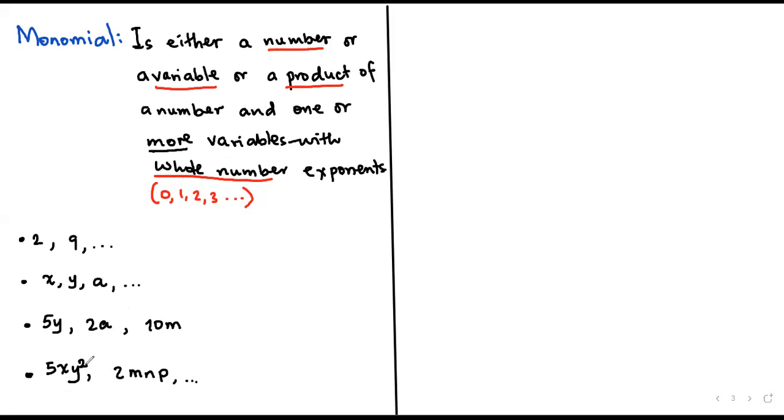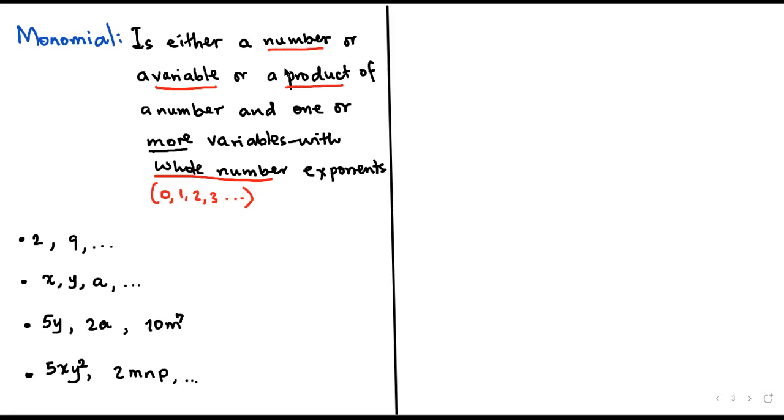So long as this 2 is positive, no problem. I can have 10m to the power of 7. Still, it will be a monomial, no problem. You understand that? So we are saying that the exponent must be positive, or it can be a 0, but it must not be a negative.